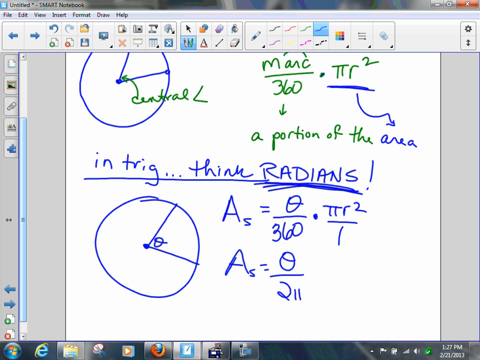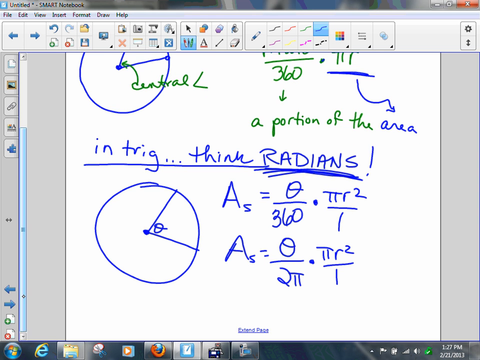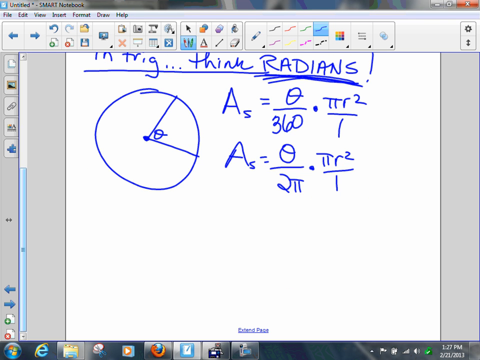So theta over 2 pi times pi r squared over 1. Where am I going with this? We're deriving again. Cancel the pi's. And what's that leave us with? Theta r squared divided by 2.